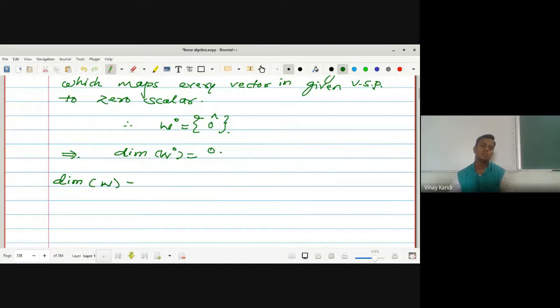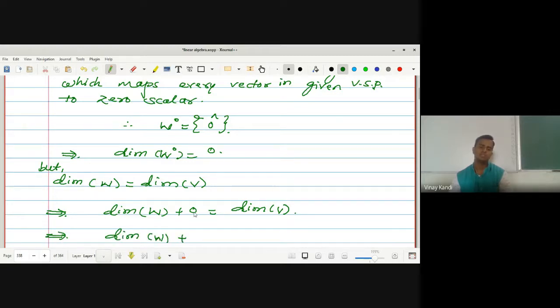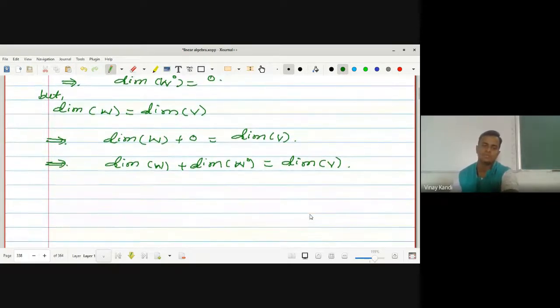Dimension of W is equal to the dimension of V, since W is V. So the dimension of W plus 0, that is, the dimension of W plus the dimension of the annihilator of W, is equal to the dimension of V. If W is equal to V, the statement also holds for the second case. Hence the result holds.